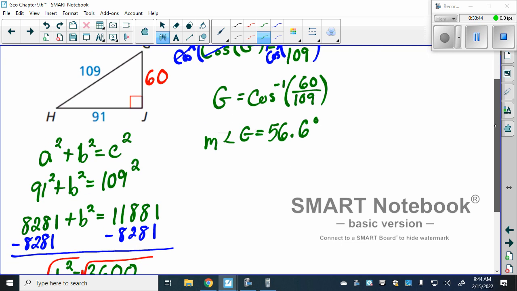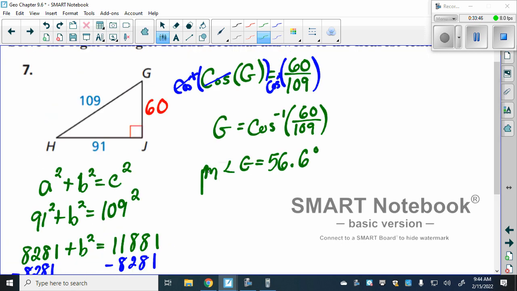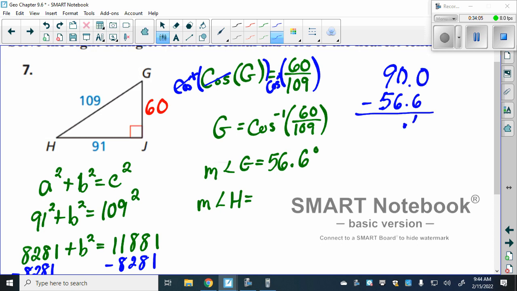Now we still need to find the measure of angle H. Because the two acute angles add together to be 90.